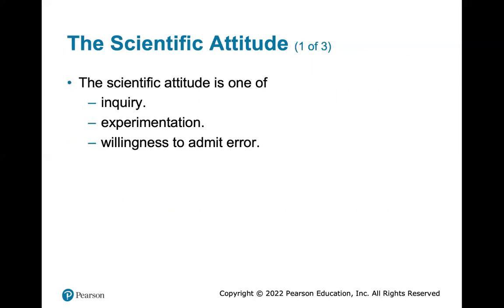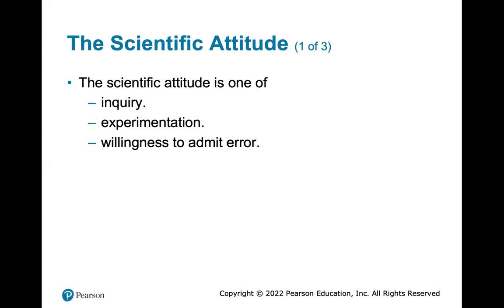Okay, the scientific attitude. The scientific attitude is one of inquiry, experimentation, and a willingness to admit error. Into that inquiry, I'm going to add observation. You need to be observant of different things, like being observant to notice that the shadow of the mailbox was changing day to day. So I got a meter stick and started measuring it.